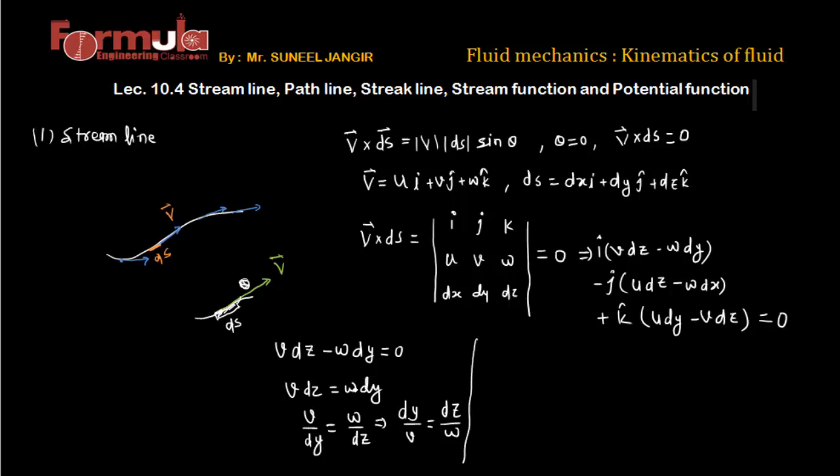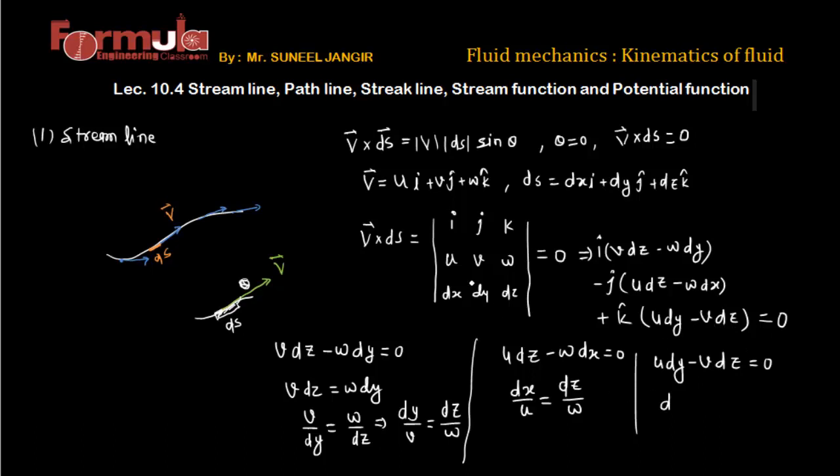Okay, that is when the first term is 0. Now when the second term is 0, we have u dz minus w dx equals 0. From here we can write dx by u equals dz by w. And for the third term, we have u dy minus v dx equals 0. Sorry, I think there's a problem here.